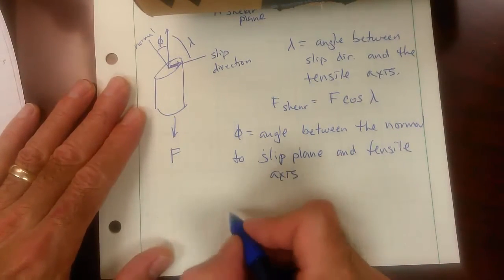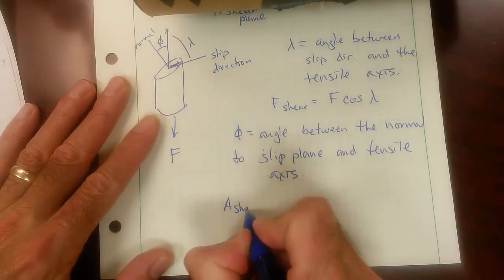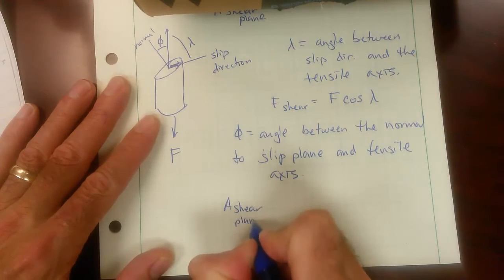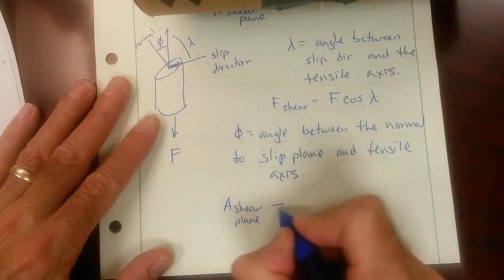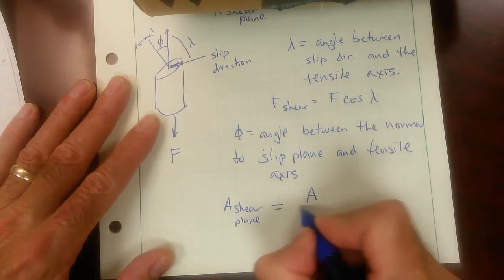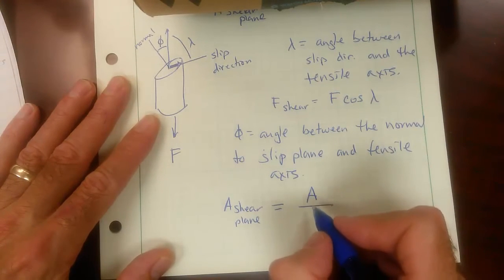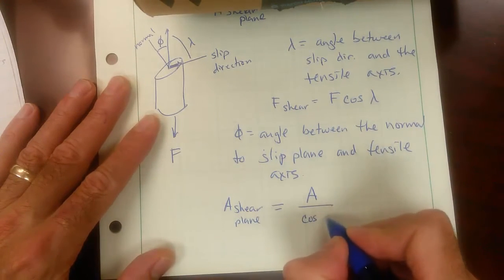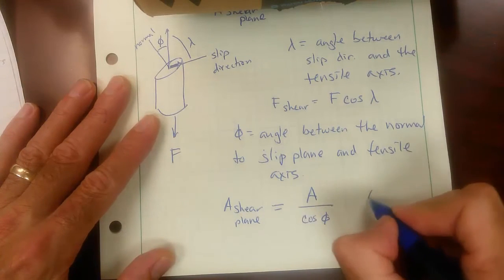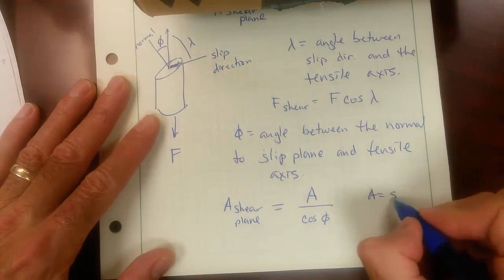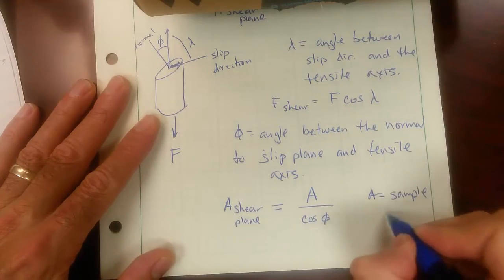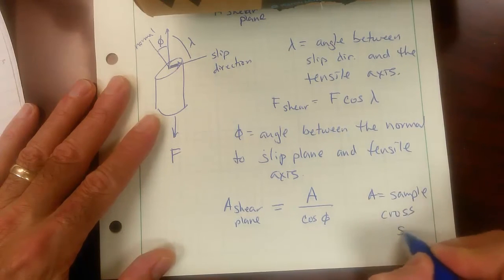And under that situation, the shear plane area is the total cross-sectional area over cosine phi. A is the sample cross-section.